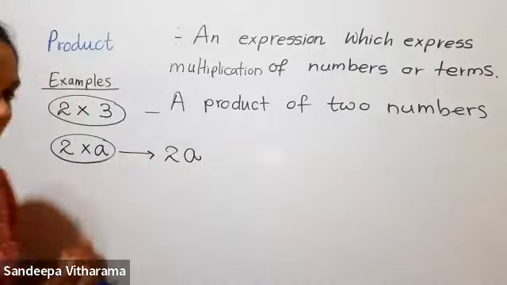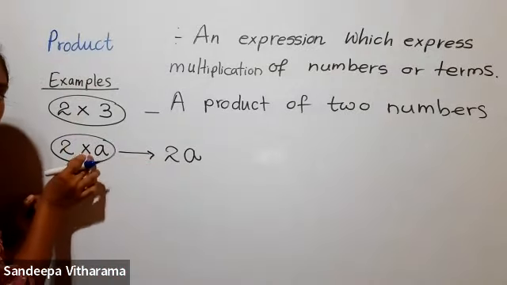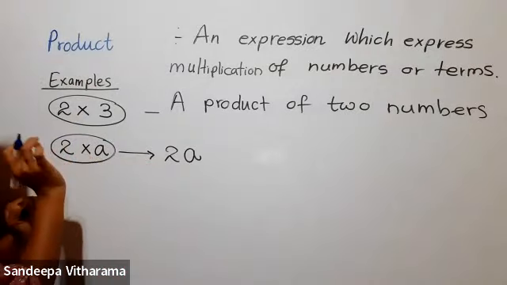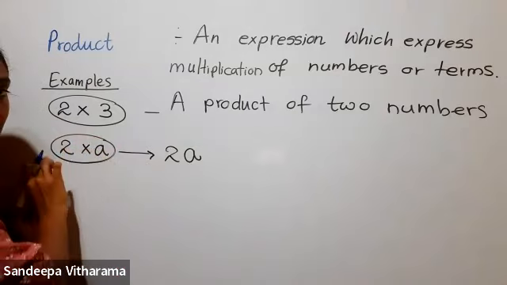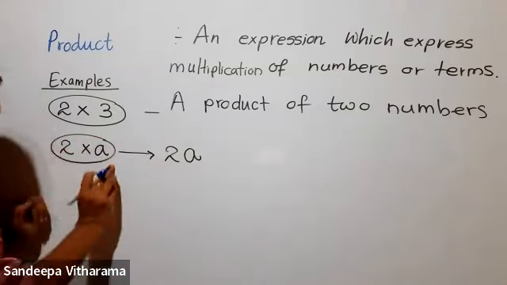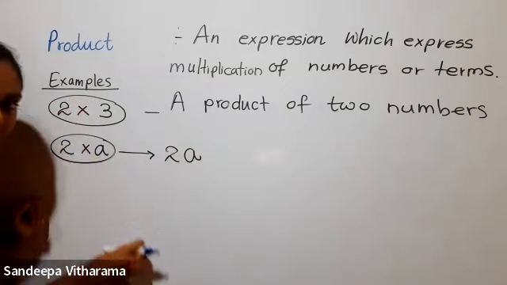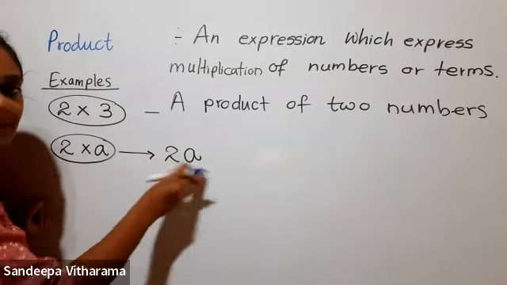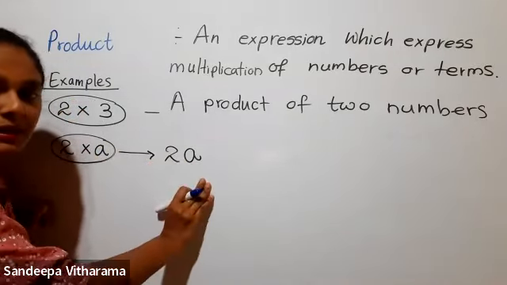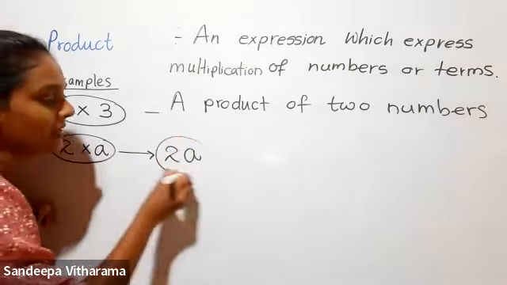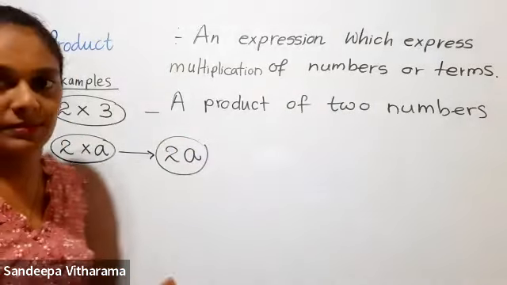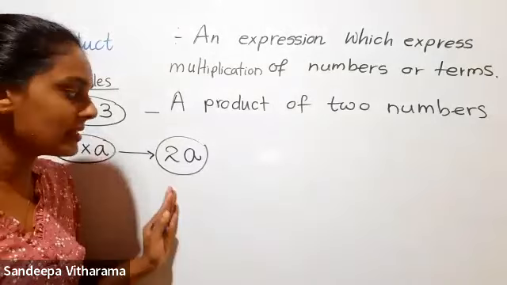When there is a multiplication between a number and an algebraic term, the multiplication symbol is removed and we write the number and the term together. Then it forms one particular term. We can say this is a product.